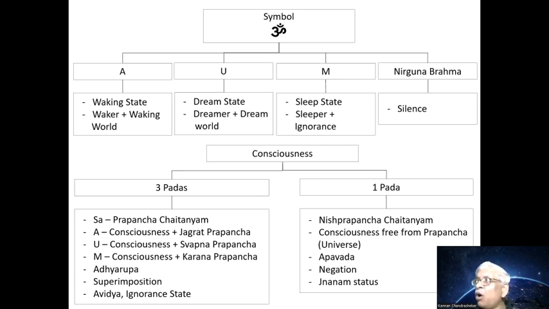Nishprapancha Chaitanyam means what? Chaitanyam is there, but there is no prapancha. There is no universe. Don't miss out the Chaitanyam. When you try to understand Nishprapancha Chaitanyam in your own mind: I exist, but the world doesn't exist.